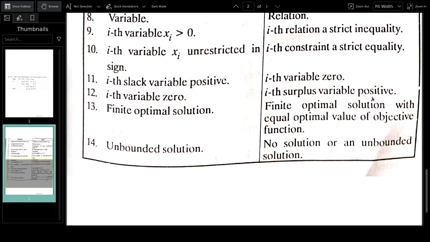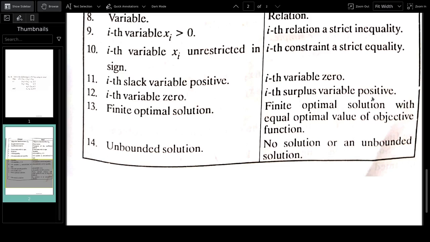And next, this is the important one. In primal, finite optimal solution, then in case of dual, finite optimal solution with equal optimal value of the objective function. And the next one is in primal, unbounded solution. So if the primal problem has an unbounded solution, point number 14 is a very important one.